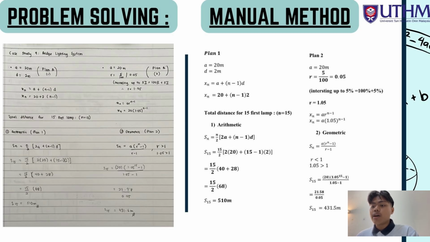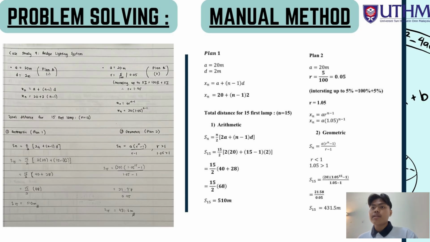So we put in our terms, that is n equals 15, the common difference is 2, and the first term is 20. Putting it in the calculator, that is 15 over 2 times, in bracket, 2 times 20 plus 15 minus 1 times 2. So we get 15 over 2 times 68, and the answer is 510 meters.